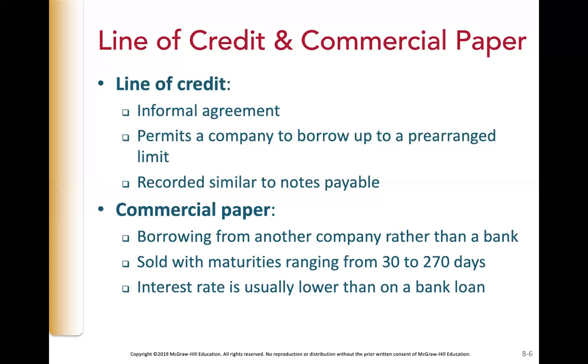Since the company is borrowing directly from another company, the interest rate on commercial paper is usually lower than on a bank loan. Because of this, commercial paper has become an increasingly popular way for large companies to raise funds. So just understand the definition of commercial paper and line of credit, and how to record those is the same as a note payable. Just know how to record them.